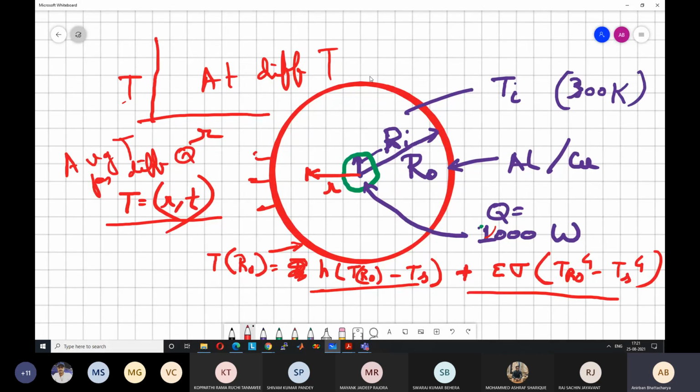In this case, it will be watt per meter. It is actually always watt per meter square, but the other dimension we are assuming to be unity because you are solving it in 2D, so we write it as watt per meter. This condition will still be 1000 watt, not watt per meter square, but you have to calculate the value for each grid point based on your grid spacing.